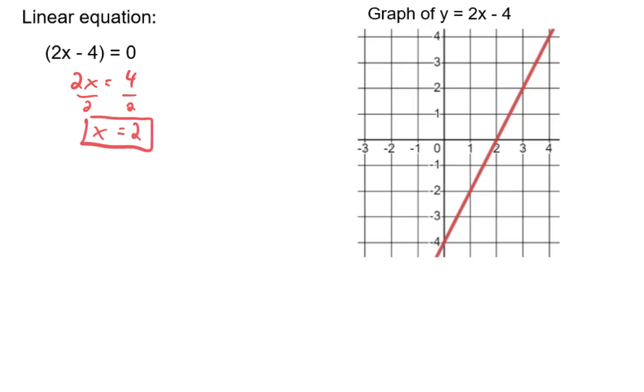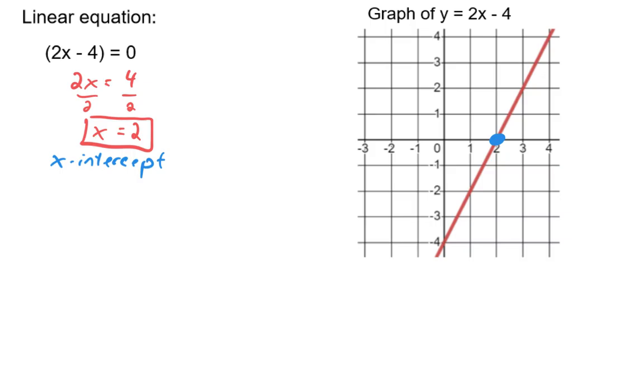And if we look over here at our graph of y equals 2x minus 4, this point, x equals 2, is right here, okay? This is the x-intercept of the graph of this line over here.